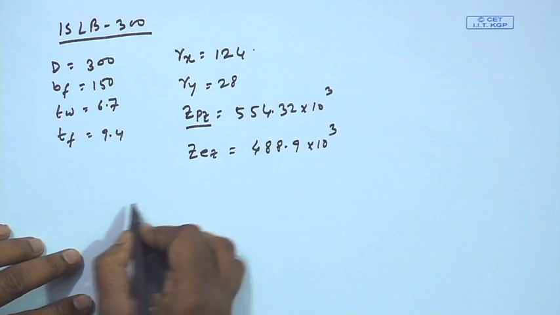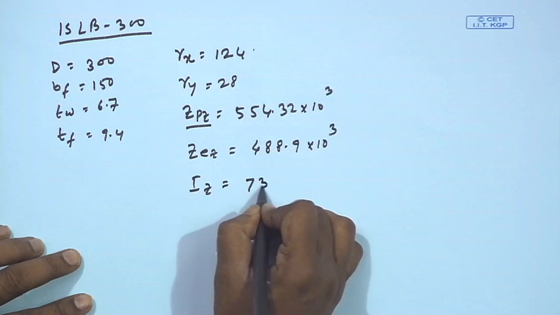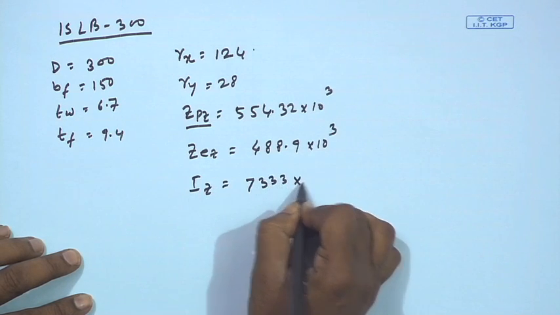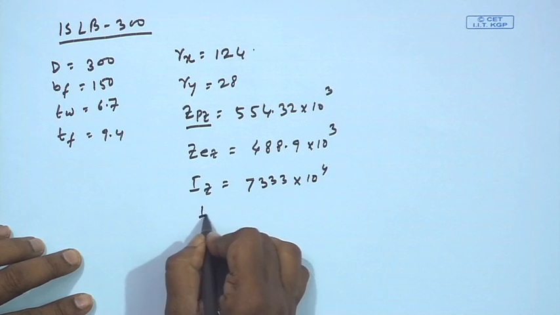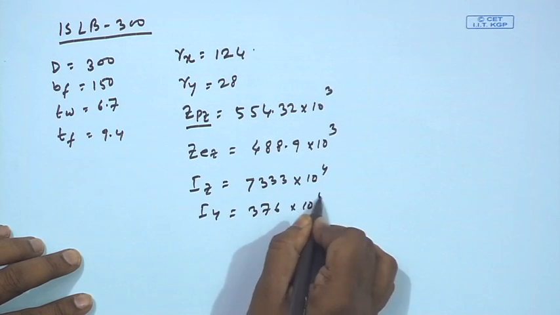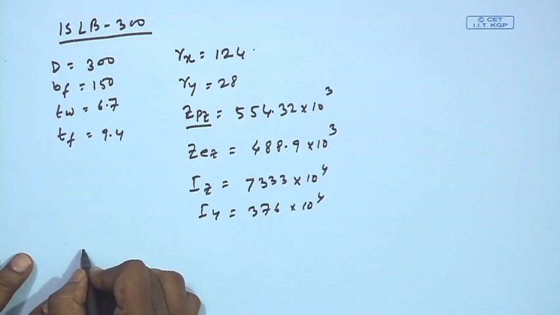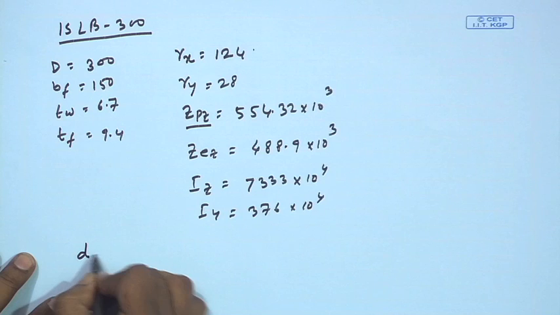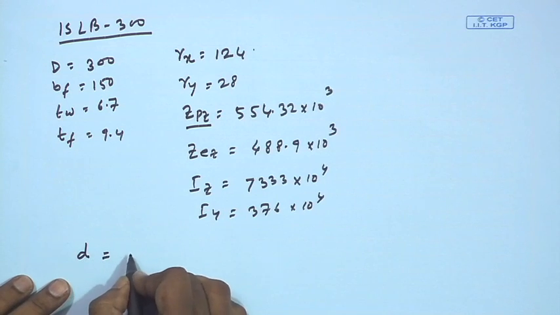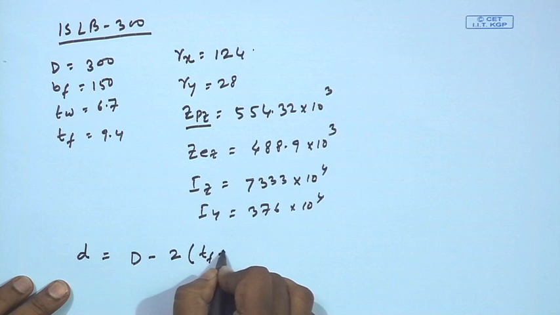Also I can find IZ as 7333 into 10 to the 4 millimeter to the 4, IY as 376 into 10 to the 4 millimeter to the 4, and also the effective depth of the web d as D minus 2 into Tf plus R1.